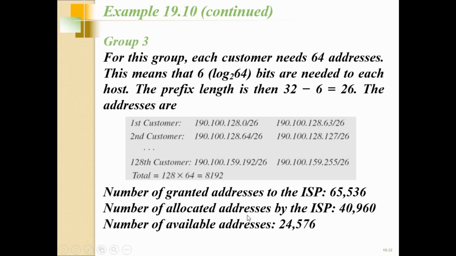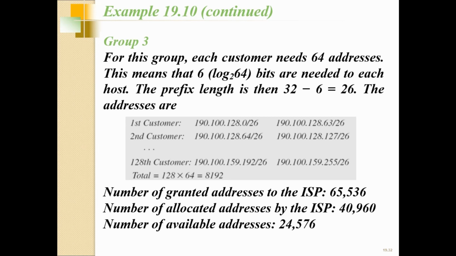Moving on. For the last group, each customer needs 64 addresses, so log2 64, that is 6 bits, are needed for each host. The prefix length is then 32 minus 6, that is 26.